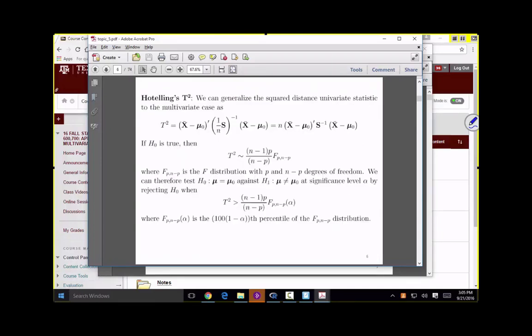If you want to test whether a mean vector equals a specific value, you can compute this statistic, which is like a squared t statistic, but it's a multivariate version. And then we have a known sampling distribution for that statistic. So I can get a p-value using these results.